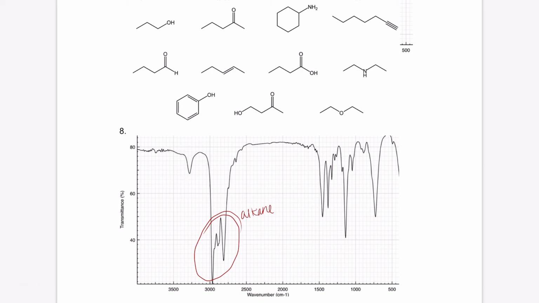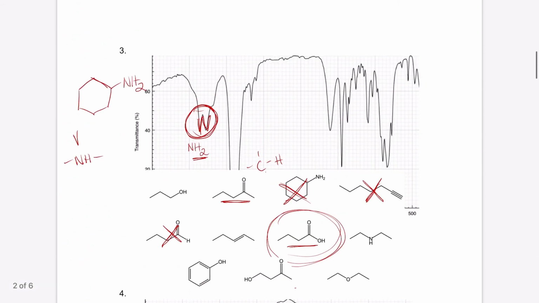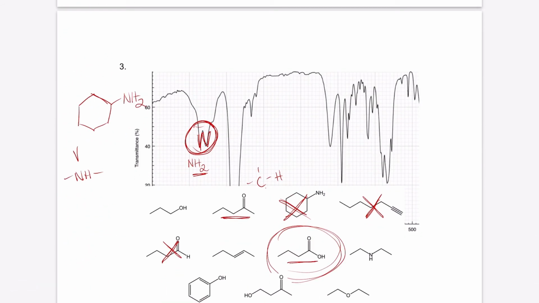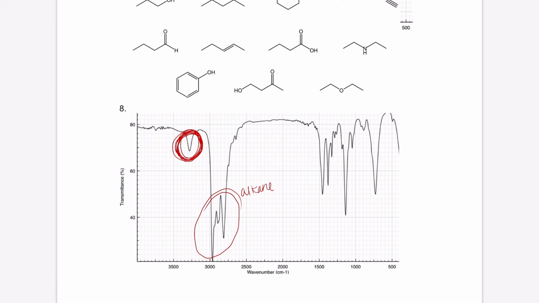It's not super prominent. It's not super obvious, or it's not as big as our double stiff peaks whenever we had our amine, right? This was very obvious. However, this single stiff peak, it's not as prominent, it's not as large, but this is still going to be an amine, specifically a secondary amine, because we only have one peak.